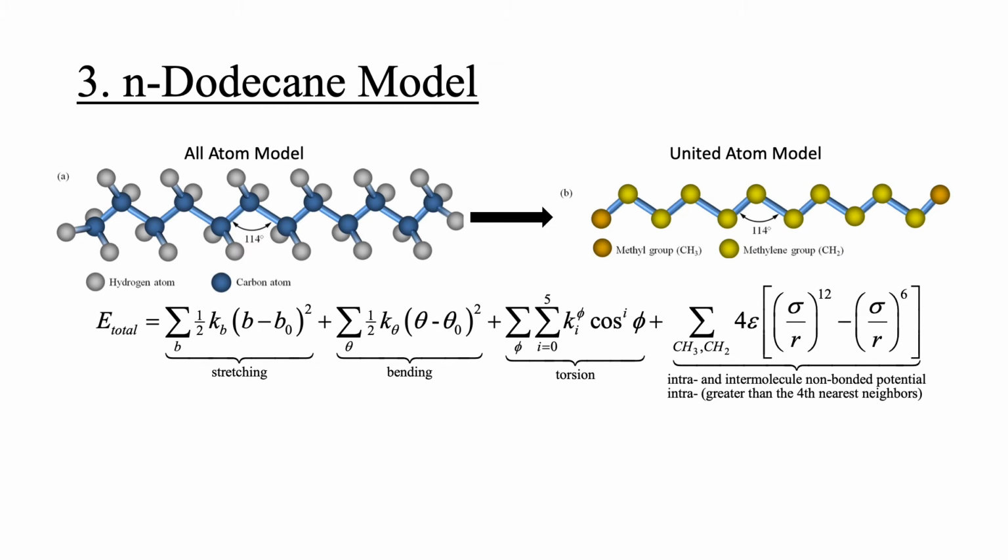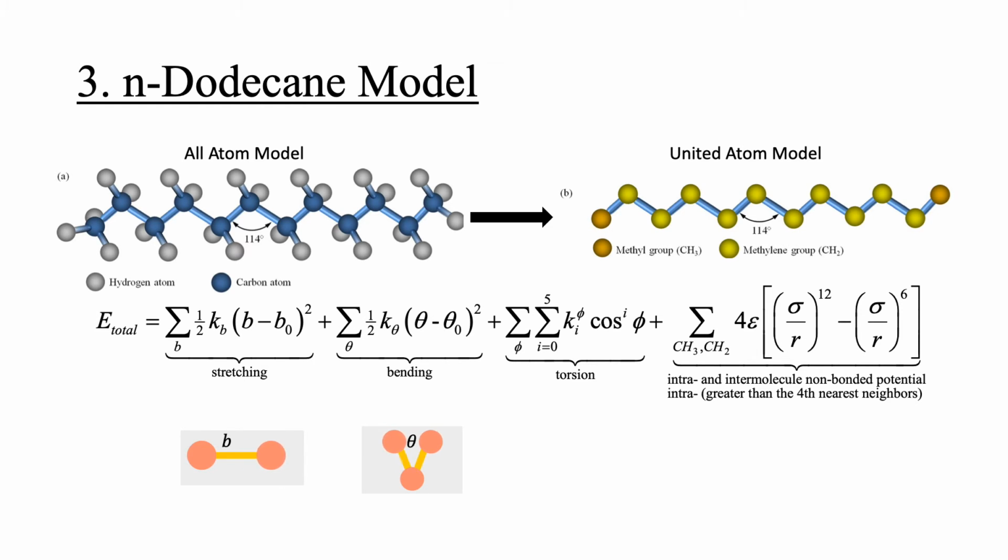In MD simulations, the forces acting on each atom are derived from the potential energy created from the interaction with other particles in the system. These interactions are measured using 4 potential models. The first is the stretching bond between 2 adjacent pseudoatoms, analogous to the motion of a spring.